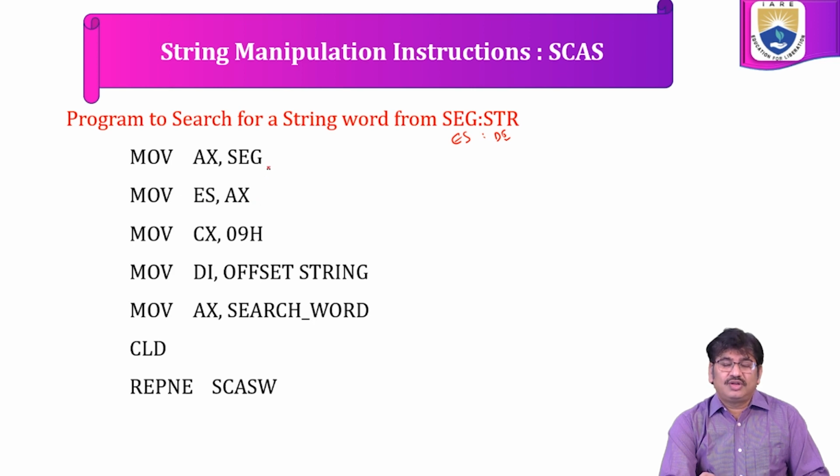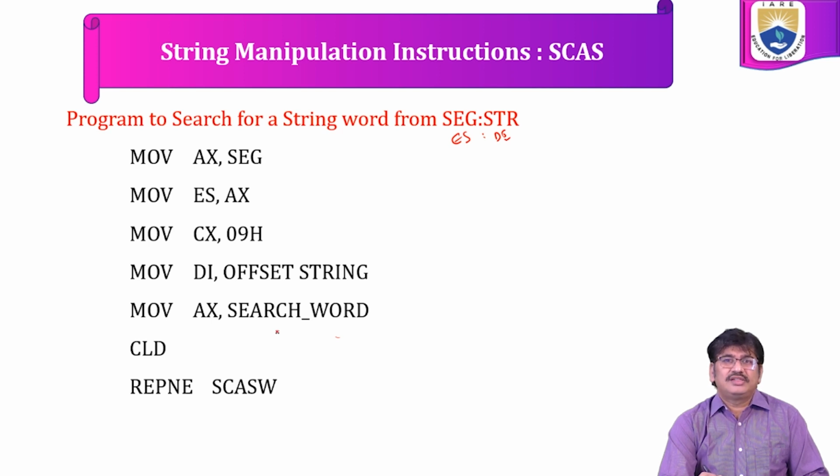These two instructions are used for loading the segment address into the extra segment register. The number of elements in the string is copied into the CX register by using MOV CX, 09H. The offset value of the string is loaded into the DI register, that is, MOV DI, offset of the string. The search word or byte we have to load into the AL or AX register.